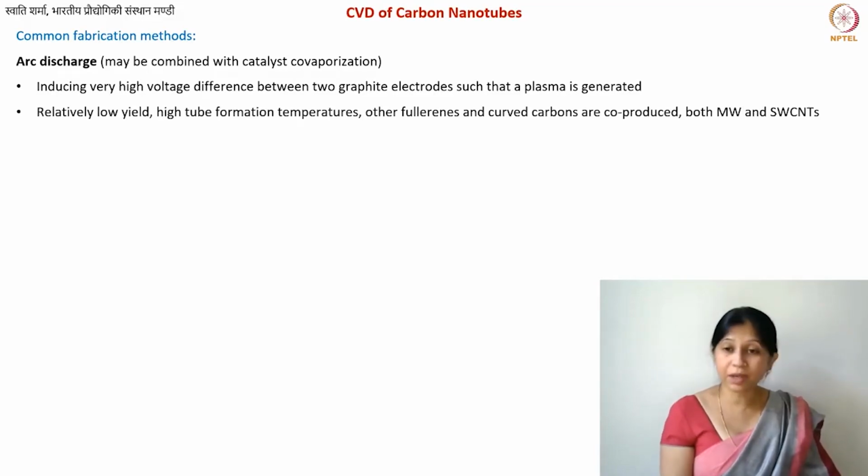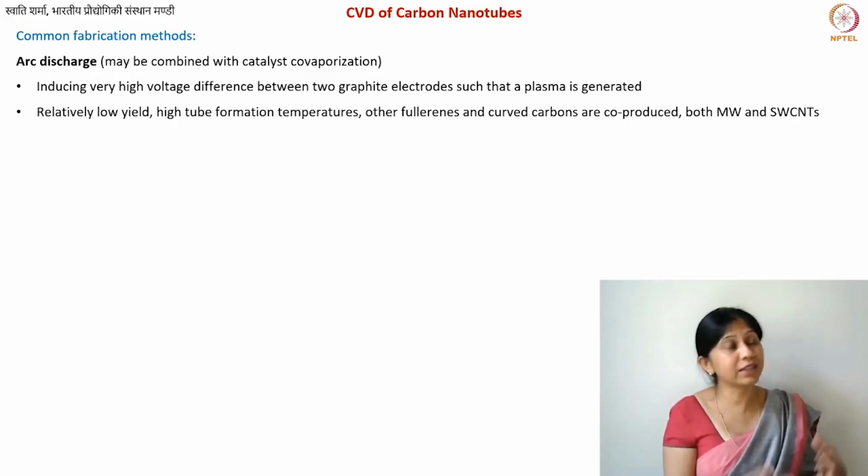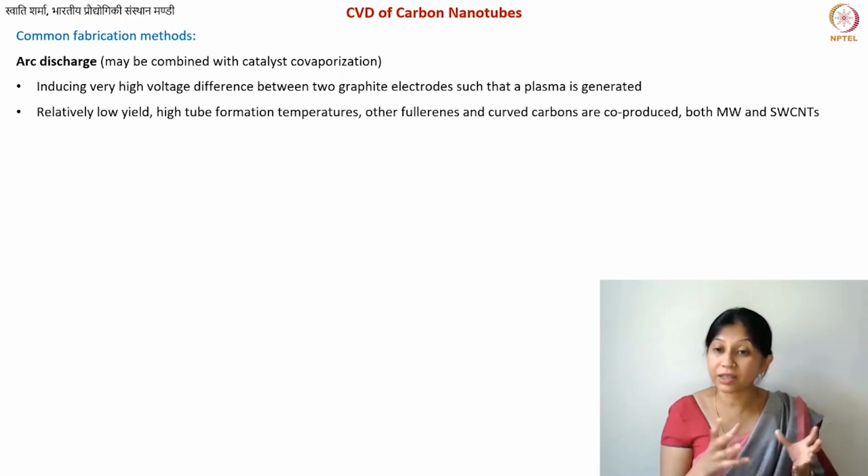What happens in this method? You can imagine that one problem is that you will not get just carbon nanotubes. You'll also get other types of carbon structures. That basically already means that your yield is a bit low. The isolation of carbon nanotubes from this mixture may also be difficult. Although if the rest of the fullerene-like structures, or curved carbon structures, are not metallic, which often happens in the case of Buckminster fullerenes, they are not metallic, they're semiconducting, then it becomes easier to separate out the carbon nanotubes.